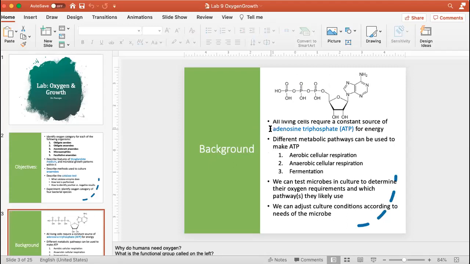And remember, ATP stands for something. It's adenosine triphosphate. Cells use this molecule to temporarily store energy. So this molecule in a cell can be broken apart to release energy.